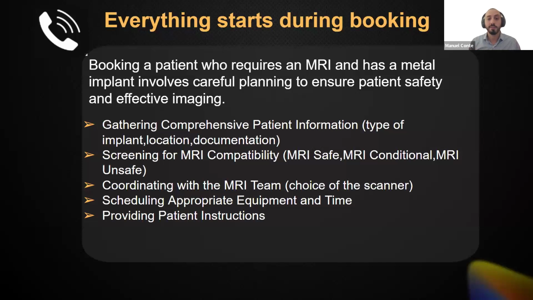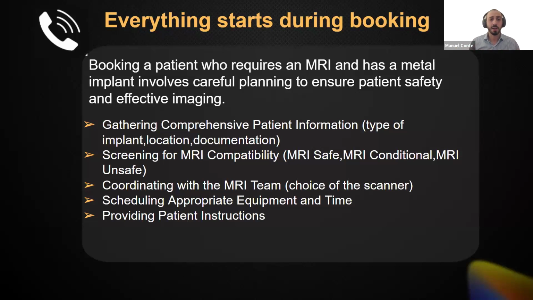So, gathering comprehensive patient information: it's important to know the type of the implant and the location of the implant. For example, if there is a knee replacement and we are going to scan a shoulder, we just need to check for MRI safety, but in terms of images it's okay. And the documentation of the implant is very important.